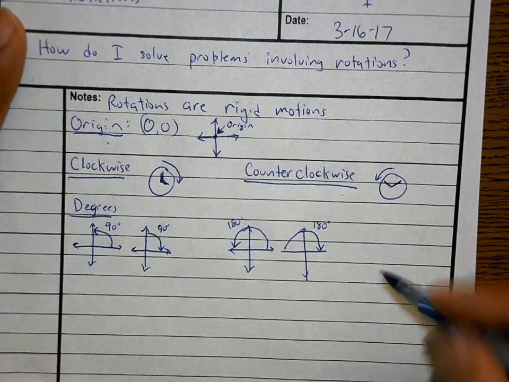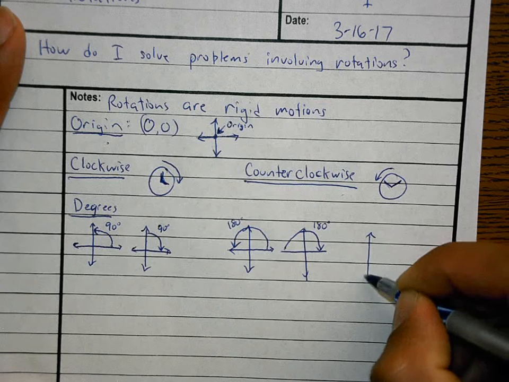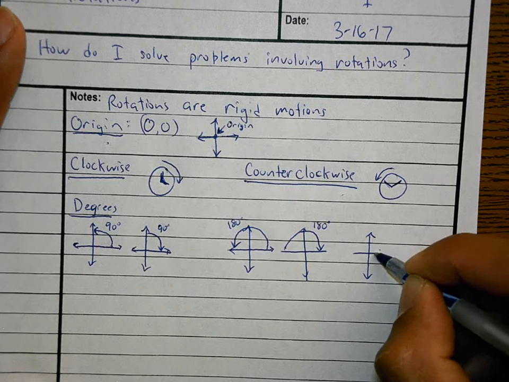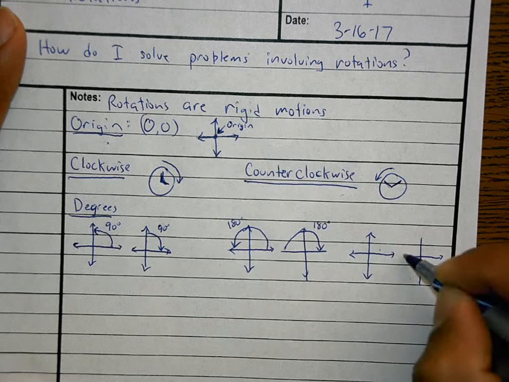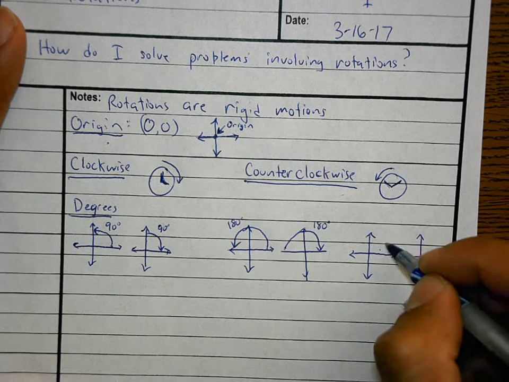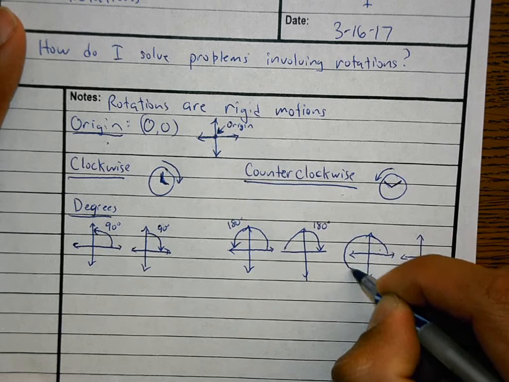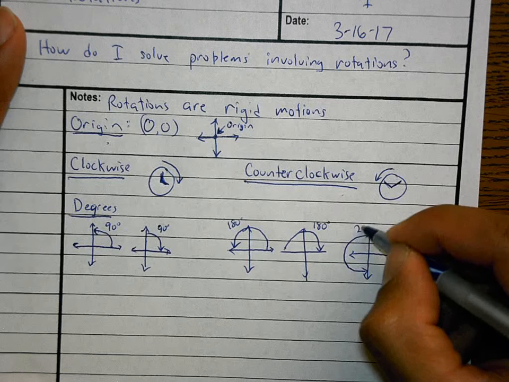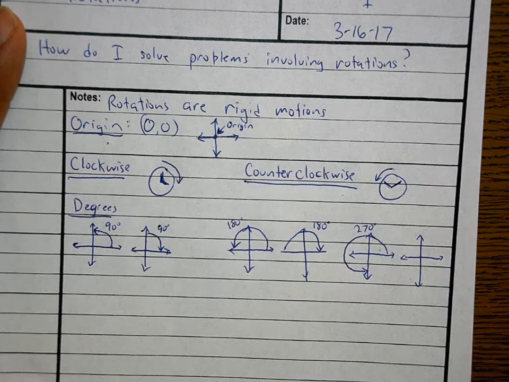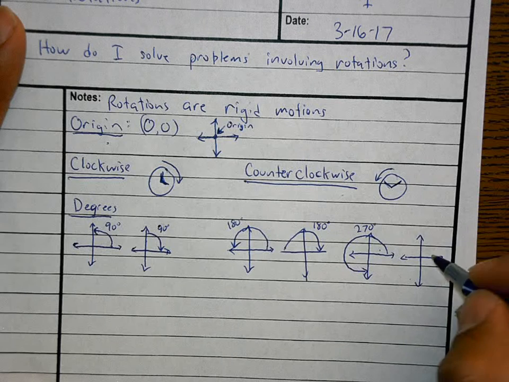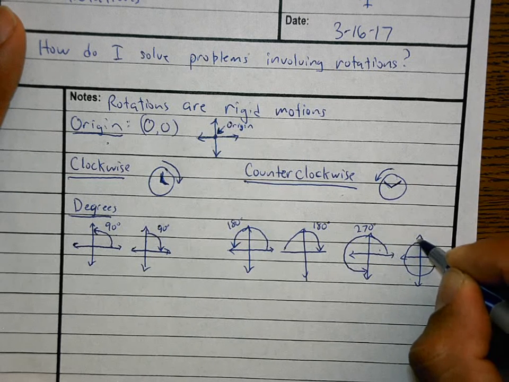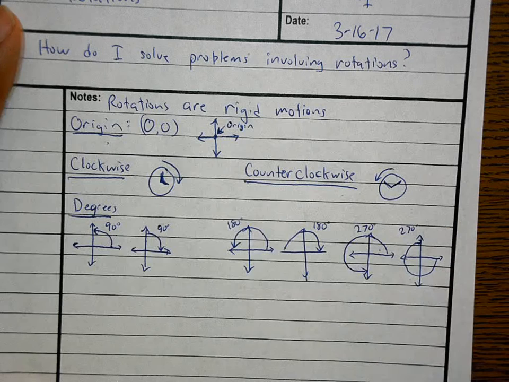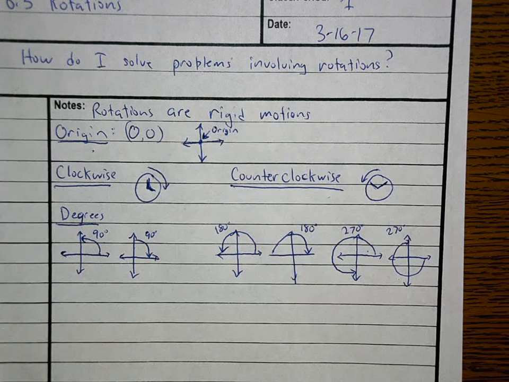The last one that we're going to do the example of is 270. If I went 270 degrees, I would go all the way around from here to there if I was going counterclockwise. And if I was going clockwise, I would go this way, 270 degrees.